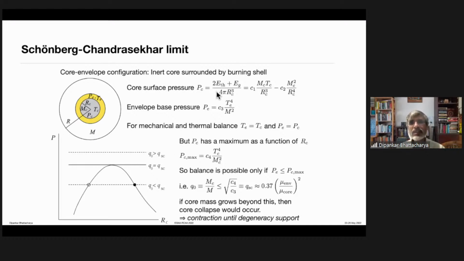Now what we notice is that because of the presence of these two terms, the Pc is not a monotonic function of R. So what I have drawn here is schematically the core pressure Pc as a function of Rc.